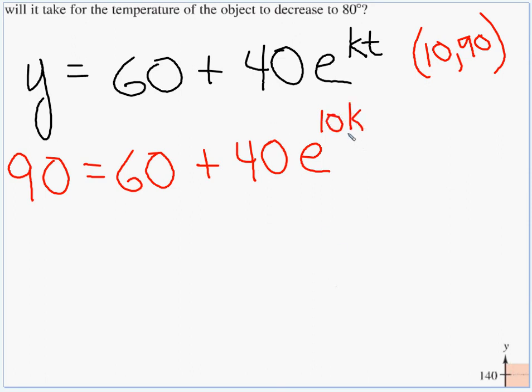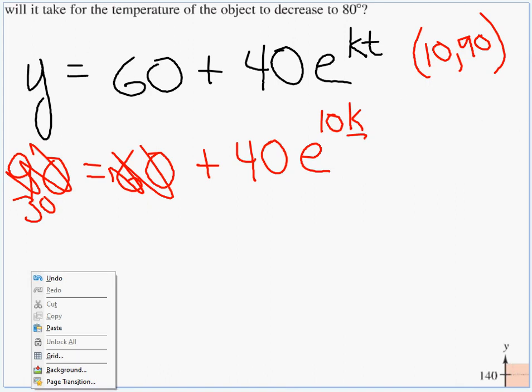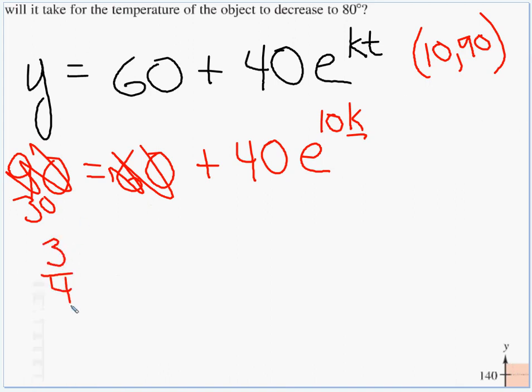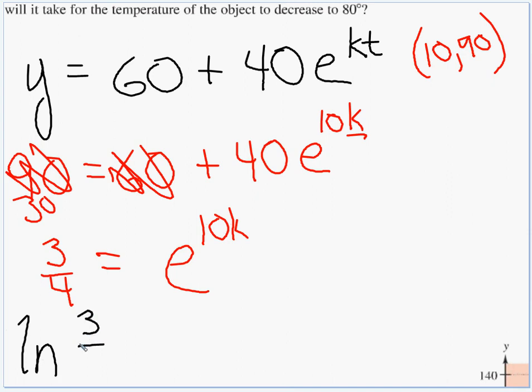And we want to solve for this k. So let's see here, subtract 60. So now this is down to 30. We're going to divide by 40. 30 divided by 40 is 0.75, or I'll just write it as 3/4. 3/4 equals e to the 10k. Take the natural log. The natural log of 3/4.